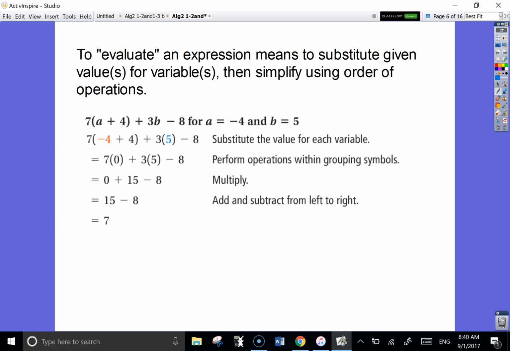Right, that means that in place of the a, we put negative 4. In place of the b, we put 5. Okay, at that point, this is an order of operations process. All right, you all remember PEMDAS. Right, we should do parentheses and then exponents and then multiplication and division from left to right and then addition and subtraction from left to right.